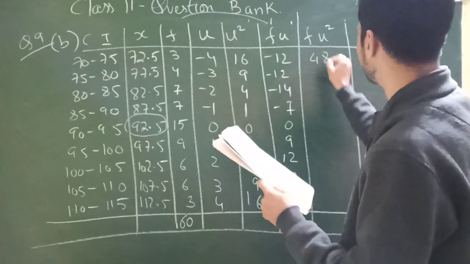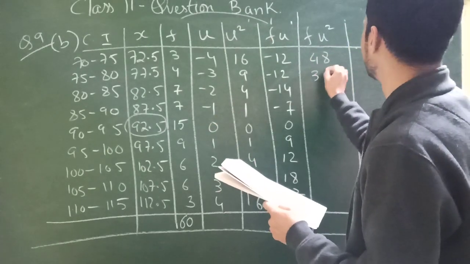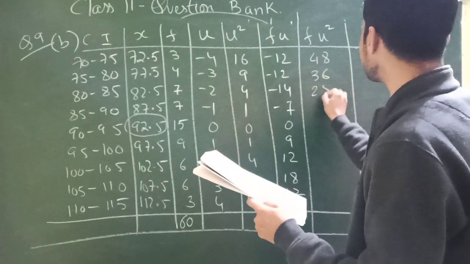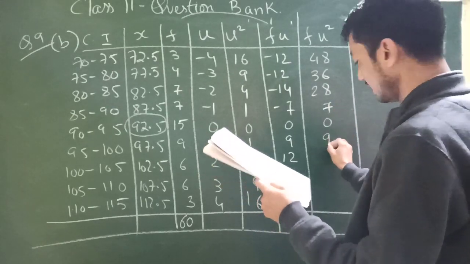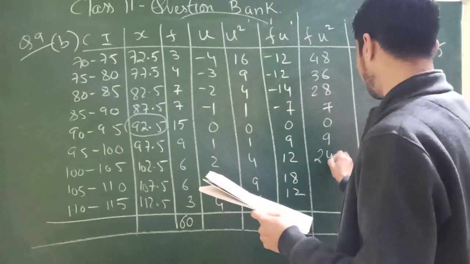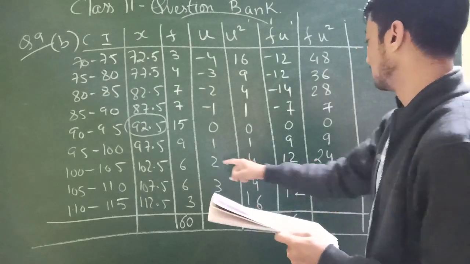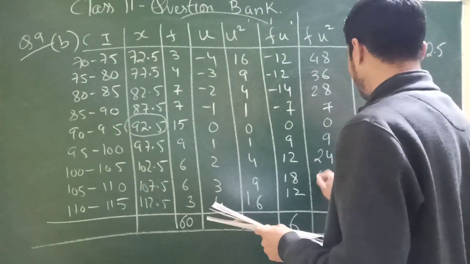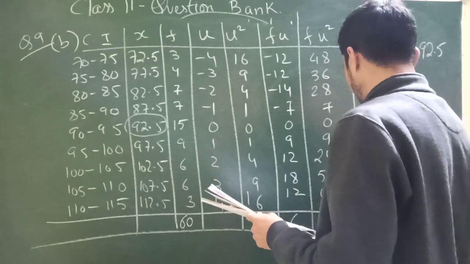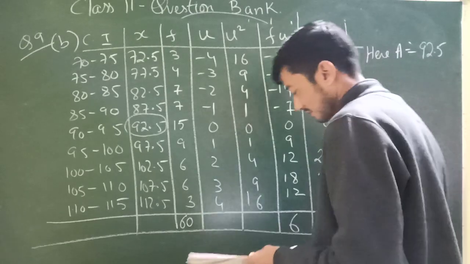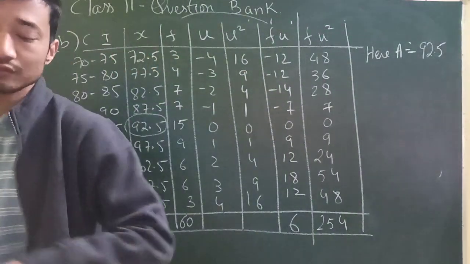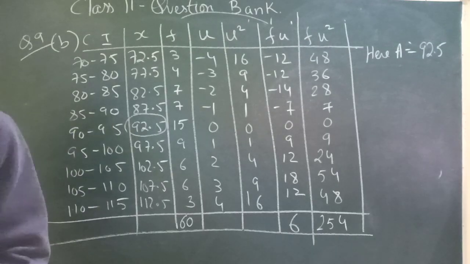Just to save some time, I've calculated f into u square: 48, 36, 28, 7, 0, 9, 24, 54, 48. So the value is 254.